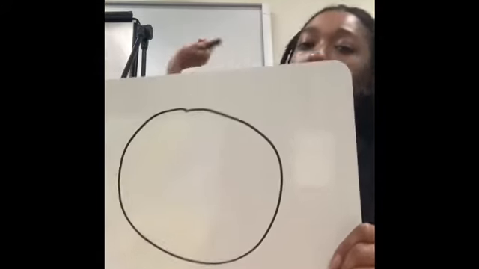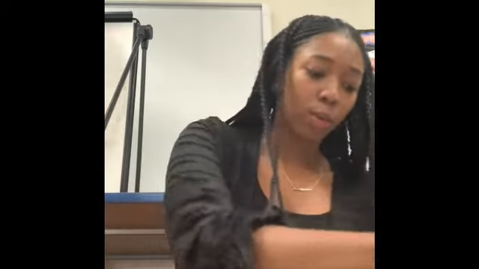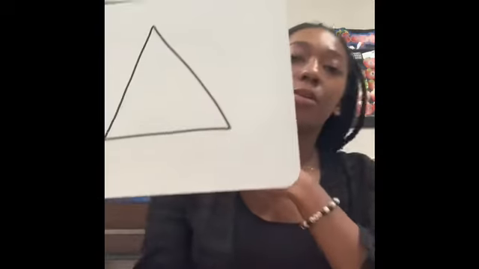All right, so let's do some shape review. So I'm gonna draw a shape and I want you to tell me what shape did I just draw? What shape is this? All right, let's try another. What shape is this? I have other questions.